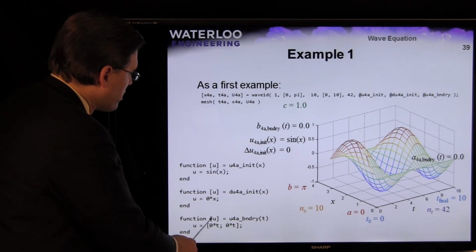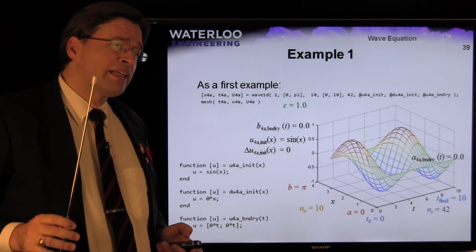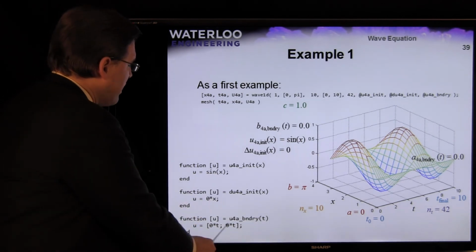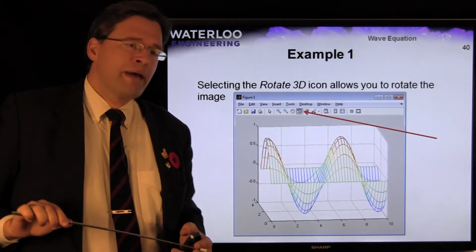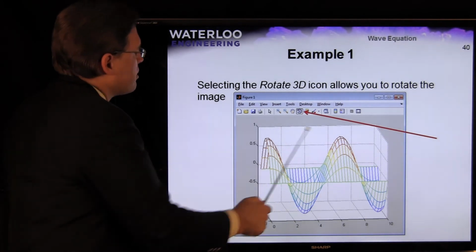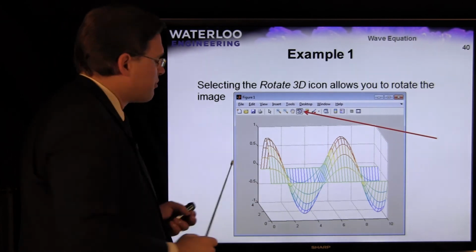However, we will return a 2 by n sub t, or actually n sub t minus 1, matrix of values. In this case, all of them will be 0. Also, when you're looking at it in MATLAB, you could select the rotate 3D icon, and that will allow you to rotate the shape, and you can see what's happening as we're propagating to the future.